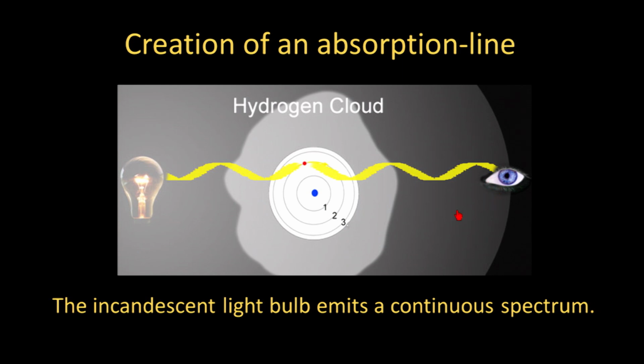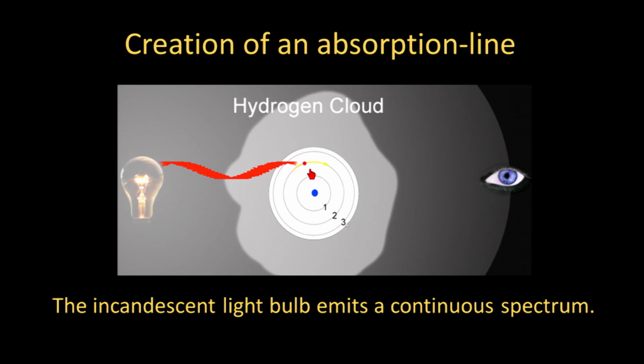Now, on the other hand, let's imagine the color red coming from the light bulb. So these are photons of red color that are going through the cloud of gas. But notice how the photons that are red encounter the atom, but the atom does not ignore red in this instance.